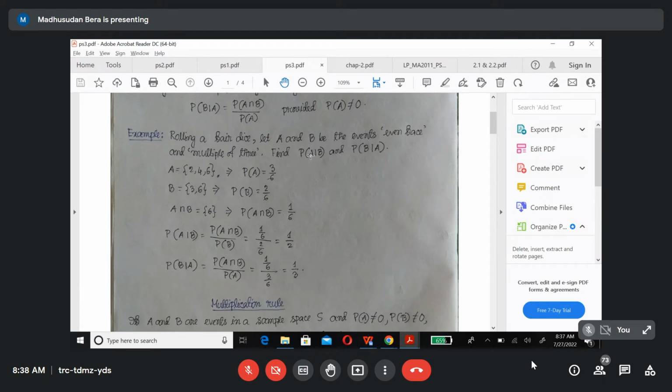A given B means inside B, what are the elements of A? A is even face. So inside B, for A only 6 is there. So that's why probability is 1 by 2. That way also you can think.